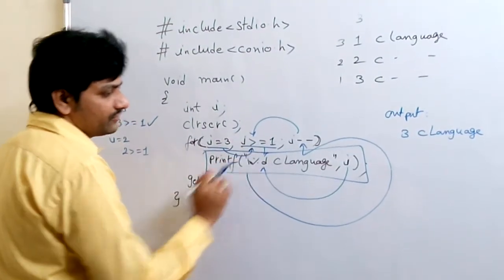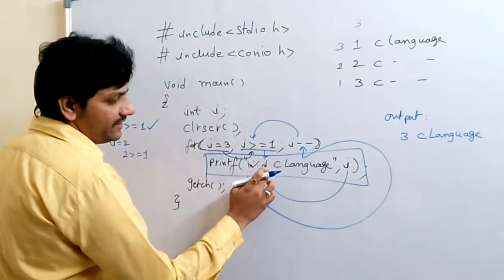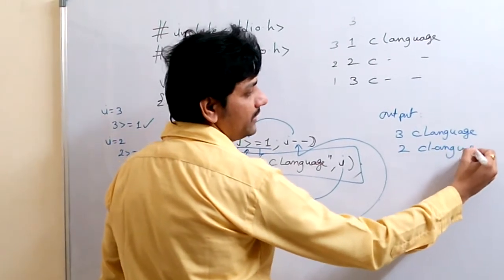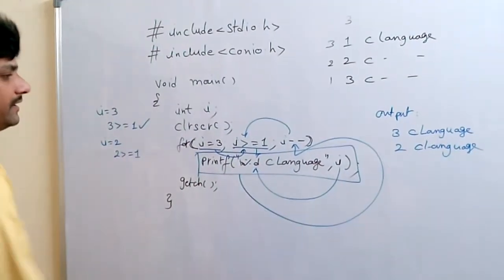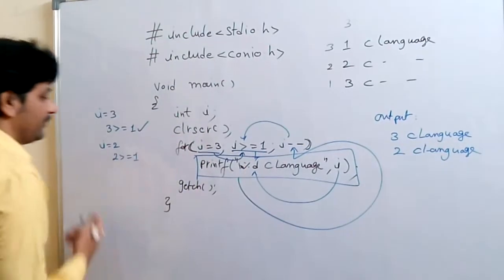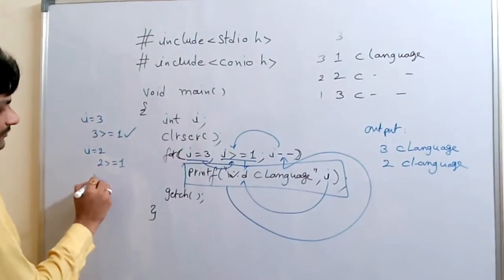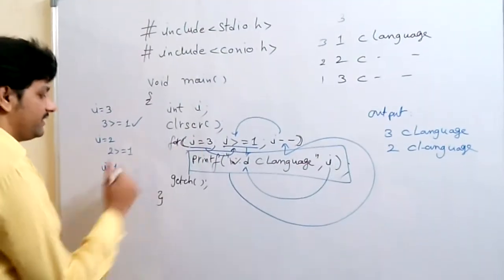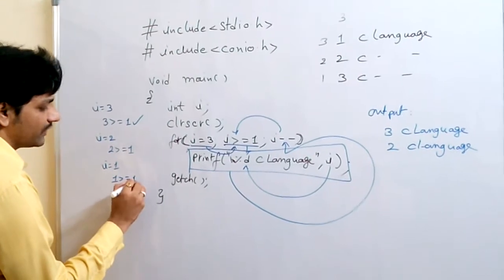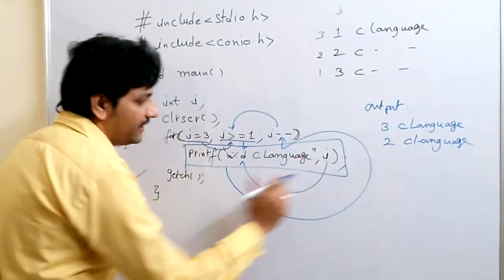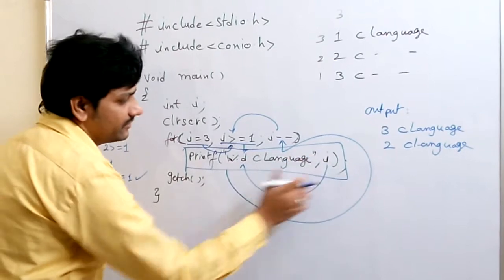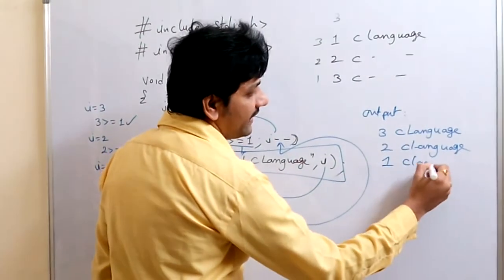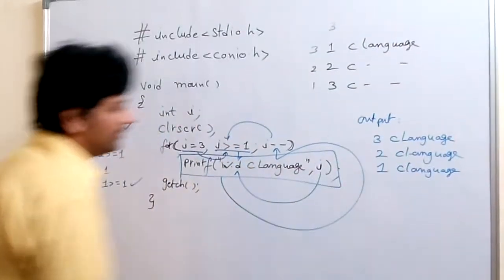So it comes inside, and 2 C language is displayed, followed by once again i minus minus. i becomes 1. 1 greater than or equals to 1, is it right? Yes. So it comes inside and displays %d C language, with i value 1. 1 C language is displayed in the output.